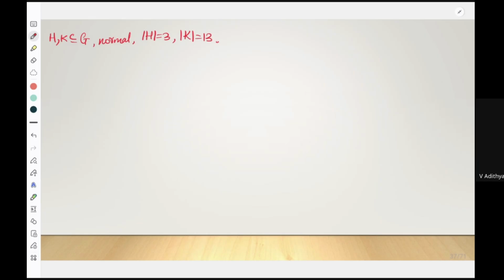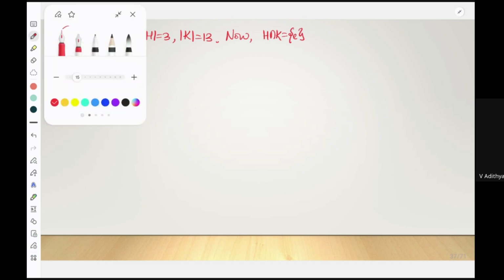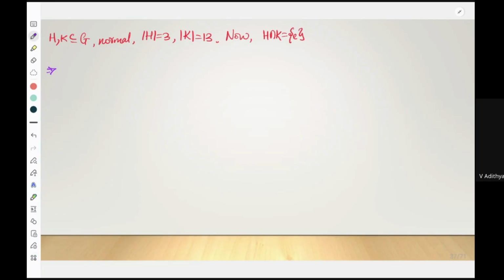Right? Now, H intersection K is trivial. I mean, one can easily show that H intersection K is trivial. I'm just leaving it now. So here is one more small exercise which you can try. Let H and K be normal subgroups such that H intersection K is trivial.